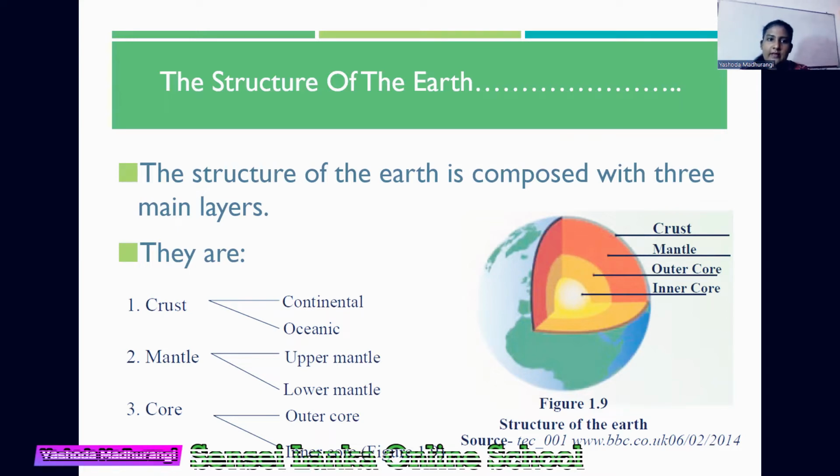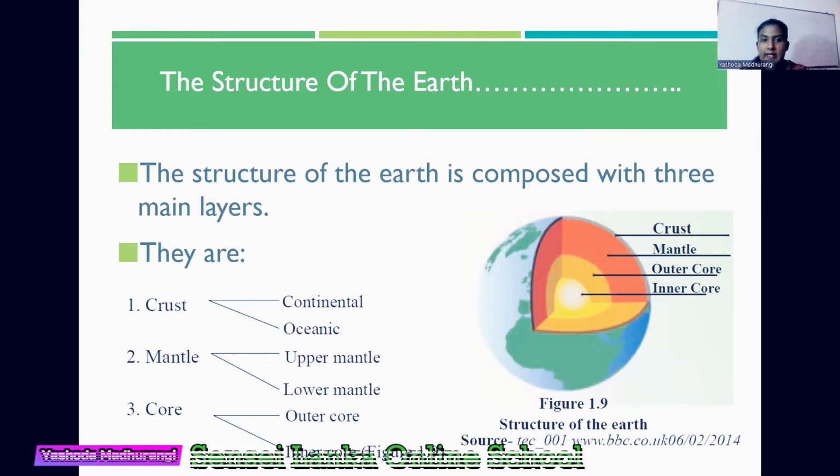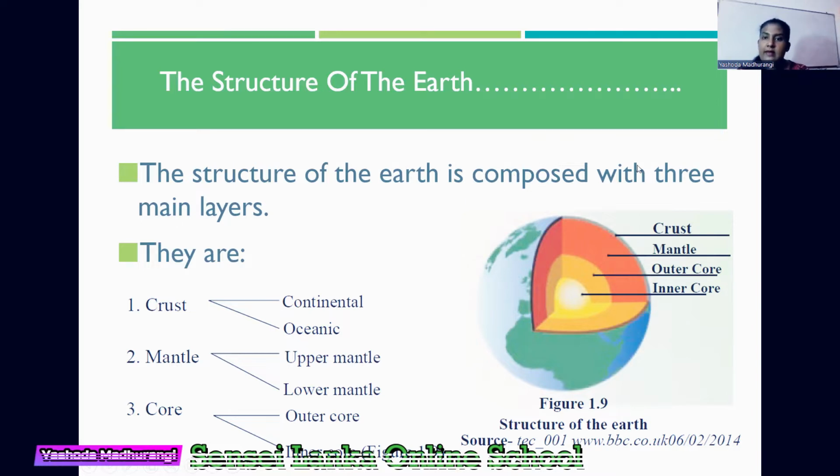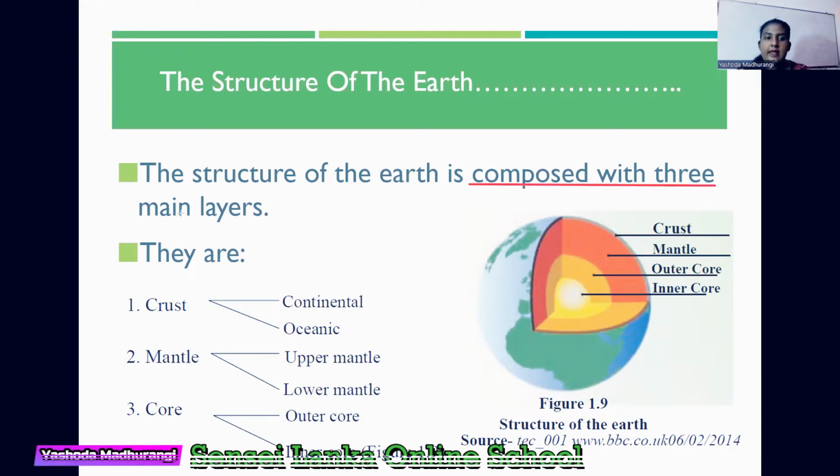So, shall we continue now? The structure of the earth. What do you know about the structure of the earth? Look at this. The structure of the earth is composed of 3 main layers.